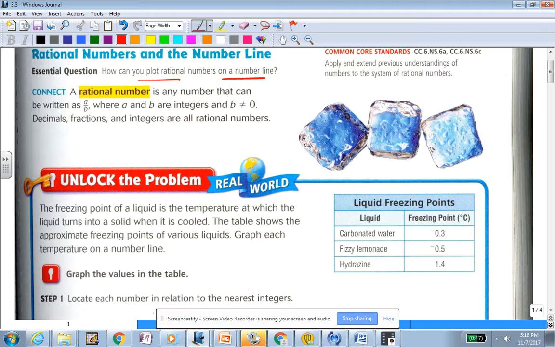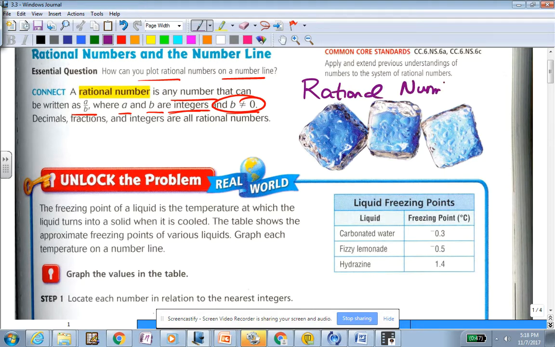It says a rational number is any number that can be written as a over b, where a and b are integers and b is not equal to 0. Fractions, decimals, integers are all rational numbers. So let's make our little rational number umbrella.